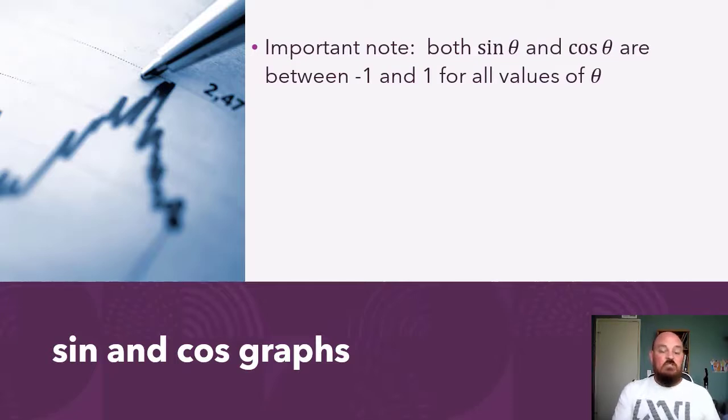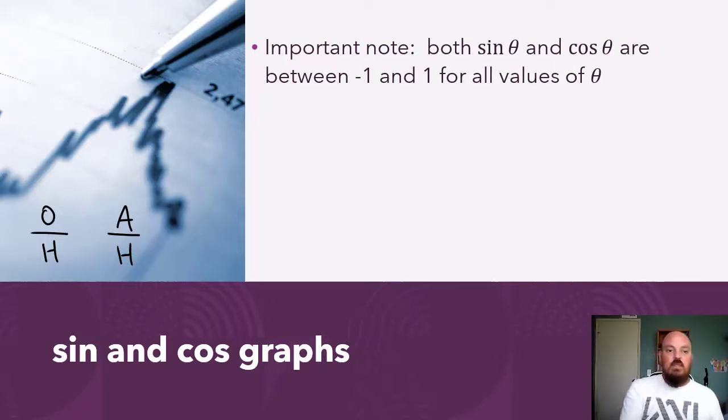And the reason for that actually comes from SOHCAHTOA. If you think about it, sine is opposite over hypotenuse, and cosine is adjacent over hypotenuse. Well, we know from SOHCAHTOA that the hypotenuse is the biggest side of a triangle, which means out of opposite, adjacent, and hypotenuse, h is the biggest number.